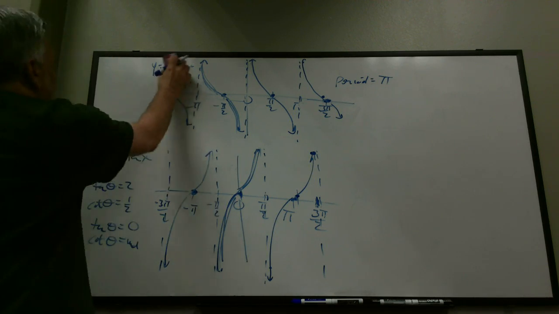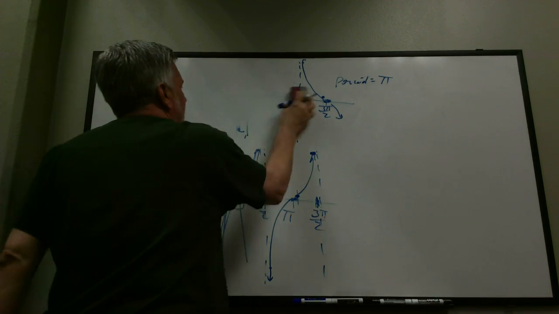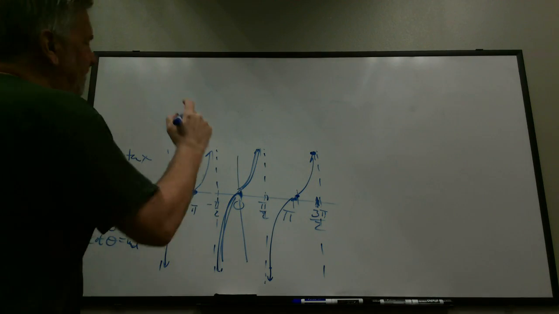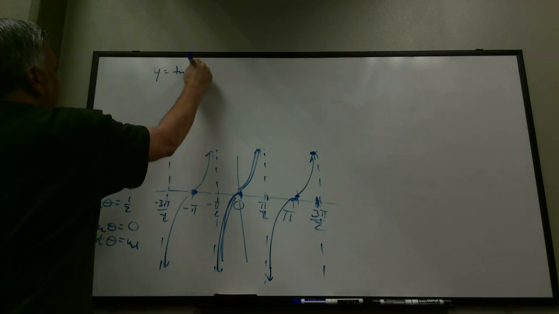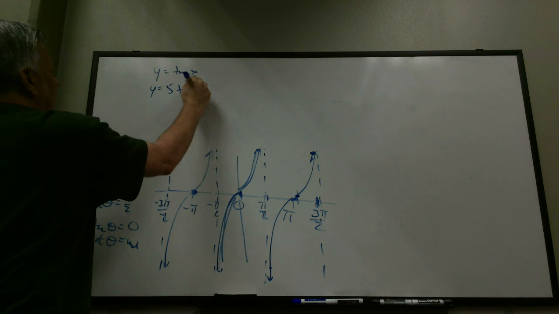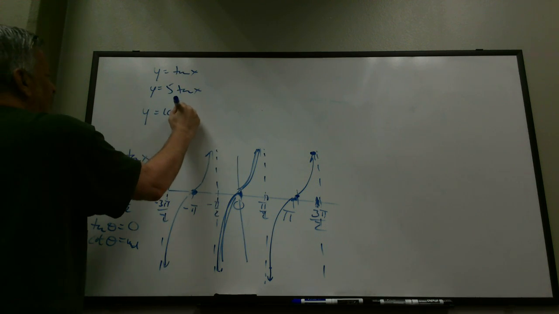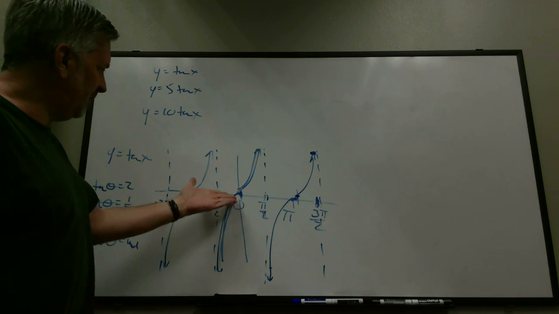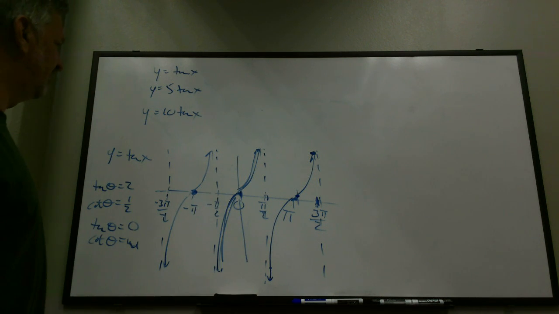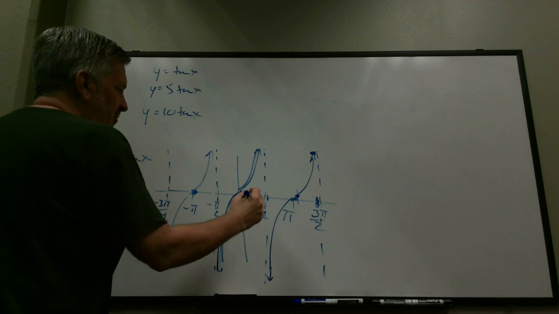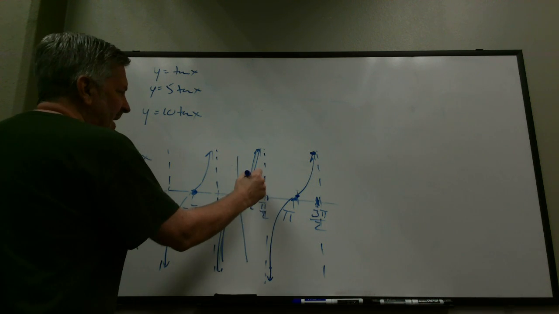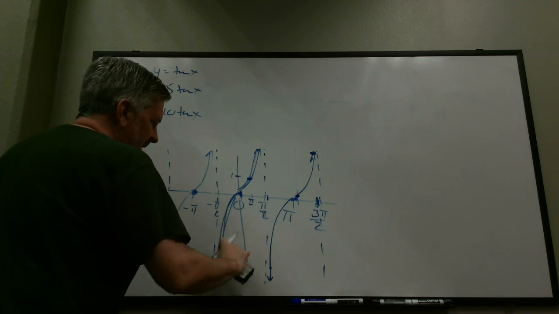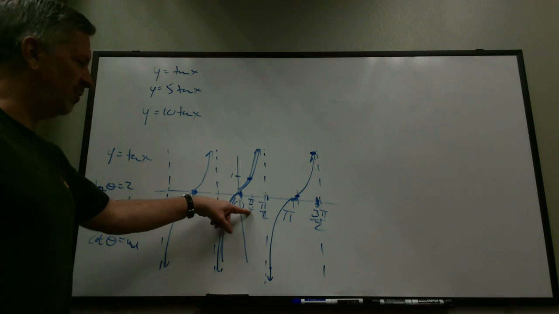Okay, now let's go back to when we were talking about vertical stretches. If I were to graph y is tangent x, y is 5 tangent x, and y is 10 tangent x, remember these are just vertical stretches. So here's my graph of tan x. Now, just to illustrate what I'm doing here, at pi over 4, tangent is 1. That's one of our special triangles.